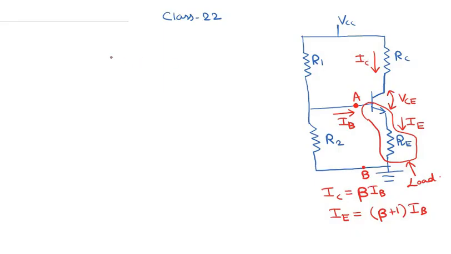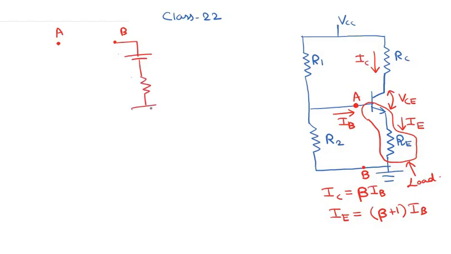Let us say that I have two terminals, terminal A and terminal B, and terminal B is connected to the ground through another voltage source and a resistor.